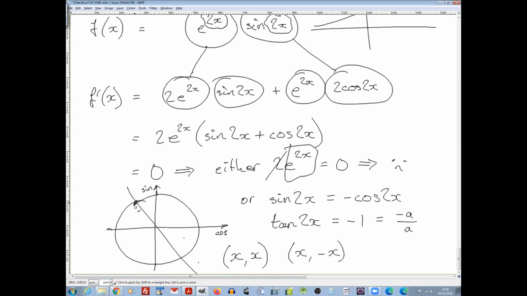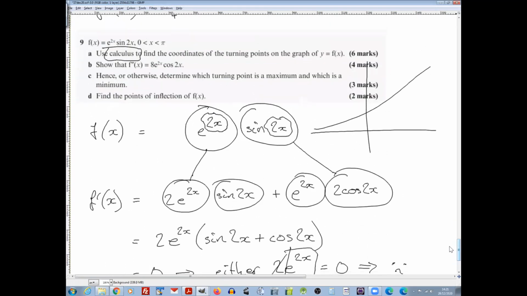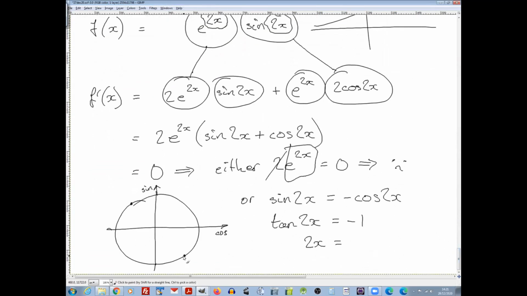In other words, we're either here or here. But if it's at 45 degrees from the horizontal, that must mean we are either where or where. The angle must be what or what? The domain is only 0 to pi, but we'll still deal with this because it's 2x, so we'll be halving it soon.